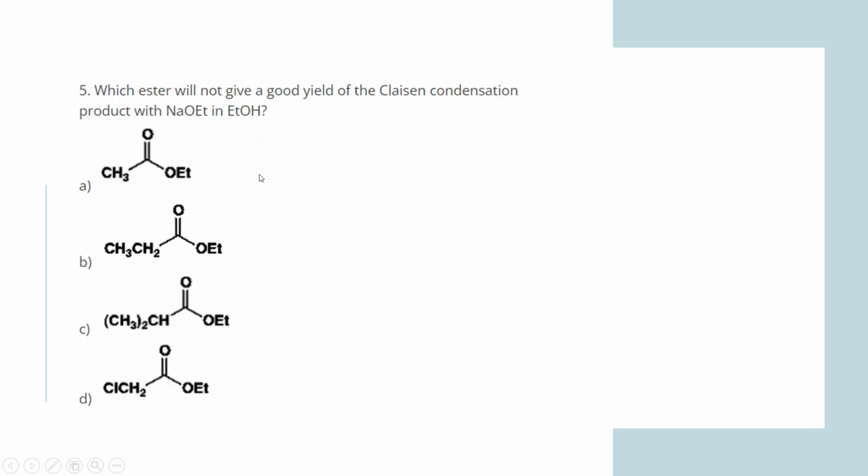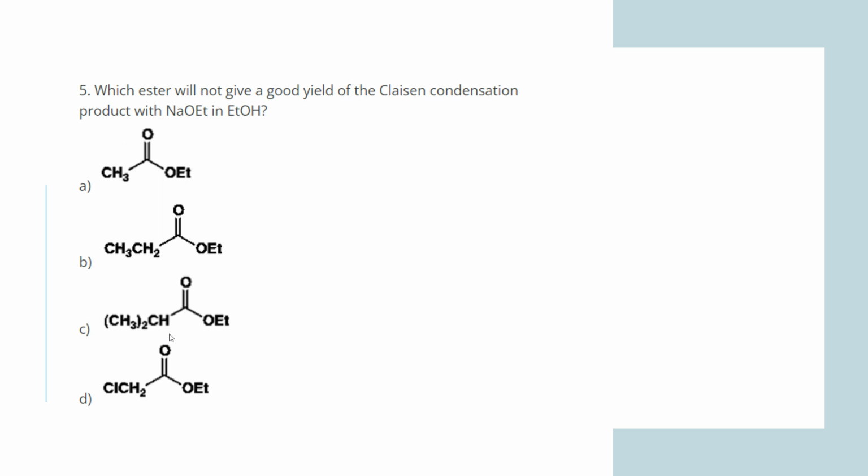Out of the four options given, option C was the one which was not containing enough acidic proton alpha to the ester group, and that is why we chose option C as the answer.